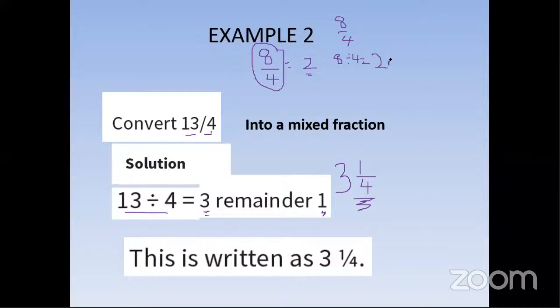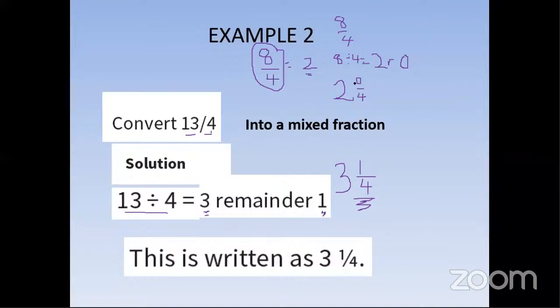Do we have a remainder? No, our remainder is 0. So if you wrote it as 2, 0 out of 4, is this how you wanted to write it?